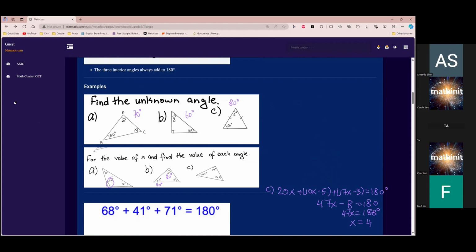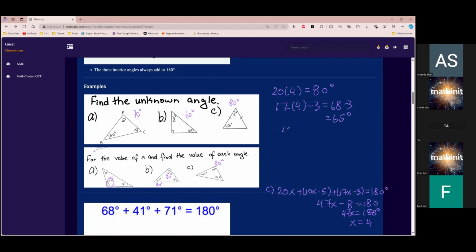Okay, so I'm going to continue over here at the top. You plug the numbers into the expression. For 17x minus 3, it would be 17 times 4 minus 3, which is 68 minus 3, which equals 65 degrees.